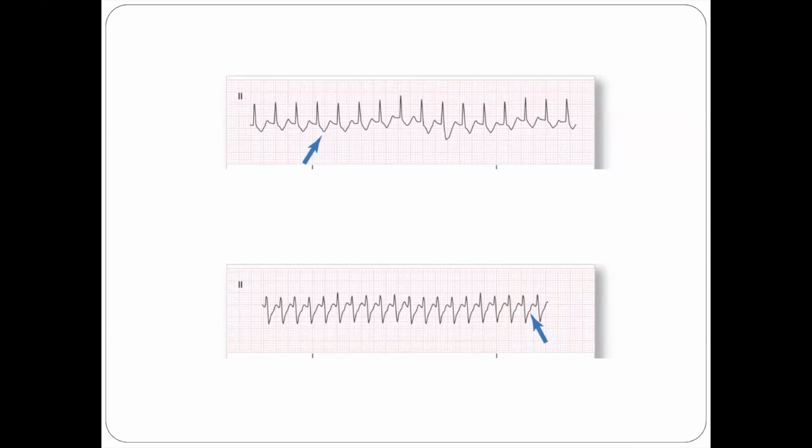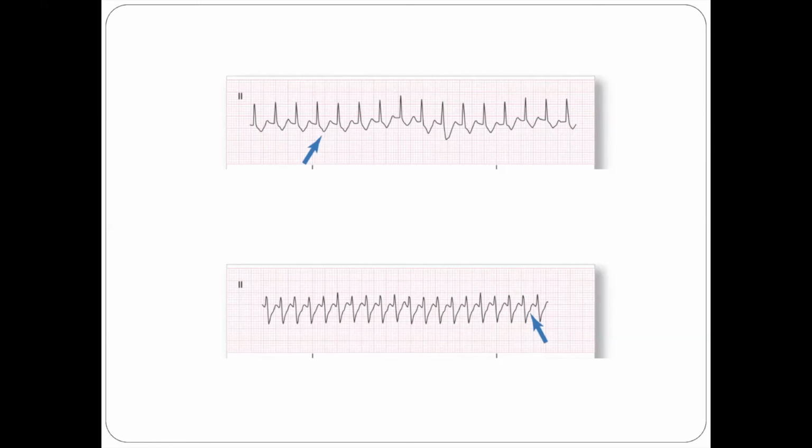And you have to be very concerned about the rate at which it's traveling here, right? We're close to 300. I mean, we're not quite, but if you do the math, we're almost one big box every single one of these. So we're definitely going well above 250, close to 300 beats per minute. And when you think about that kind of a speed moving through the ventricles, there's just no way that cardiac output can be maintained. So this is uncontrolled and highly concerning because of the speed.